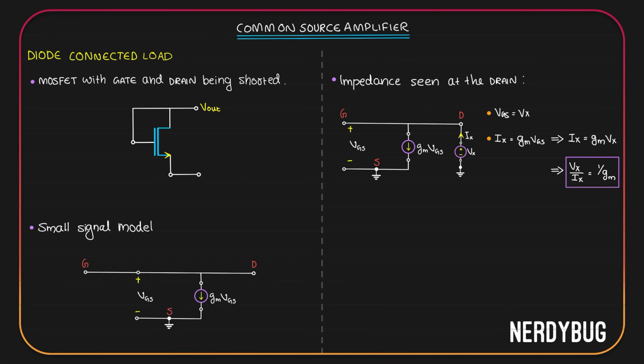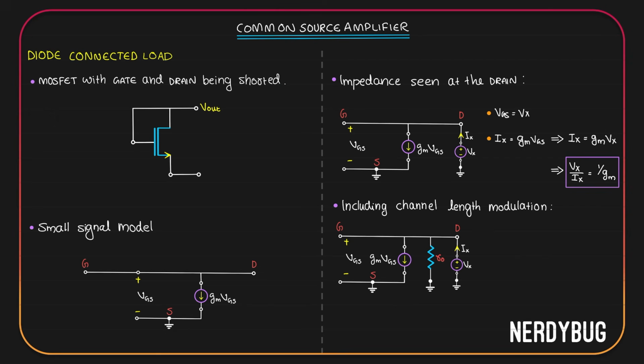What if channel length modulation is included? In that case, we'll have one more resistance r0 between the drain and the source, like this. Let's apply Kirchhoff's current law at this node. Ix is coming into the node. Out of that, some current has to flow through r0. How much will that be? r0 has a potential Vx across it.